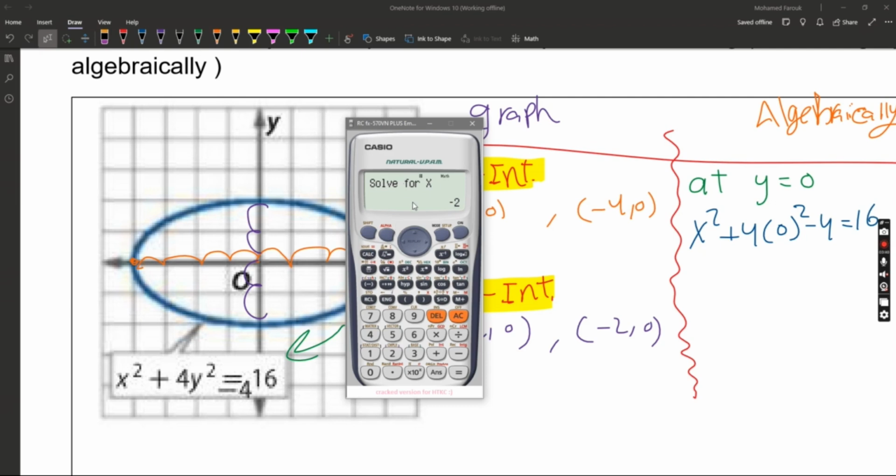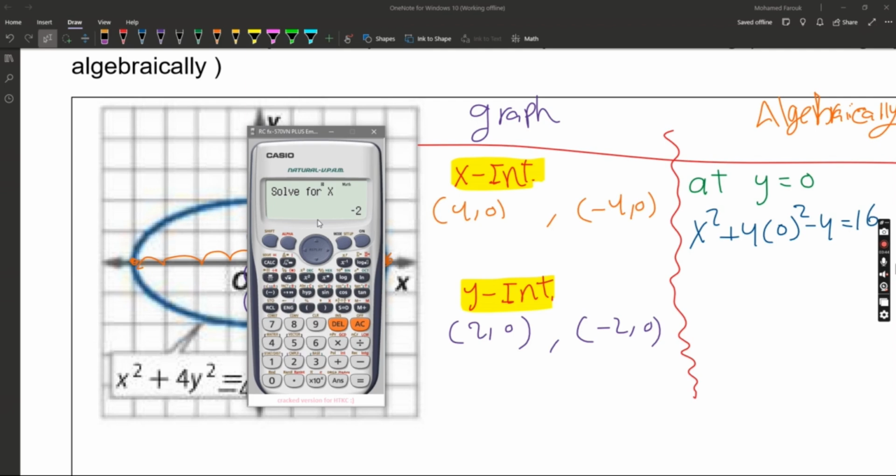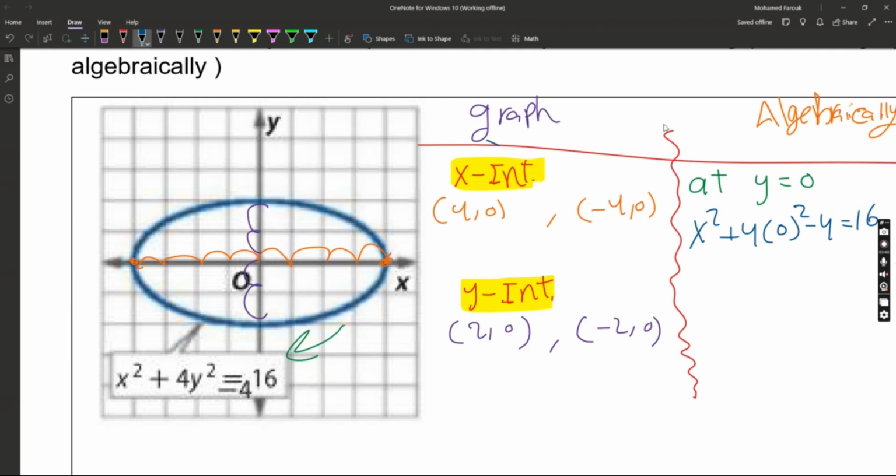It will tell me for which value of x. I will tell it my first guess is 4. It will tell me no, your answer is not accurate, it's 4.47.